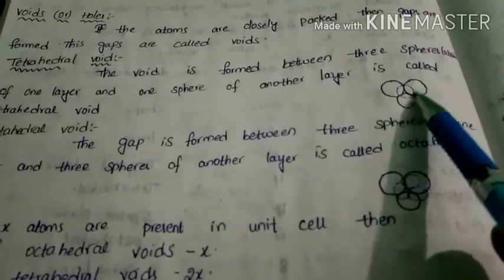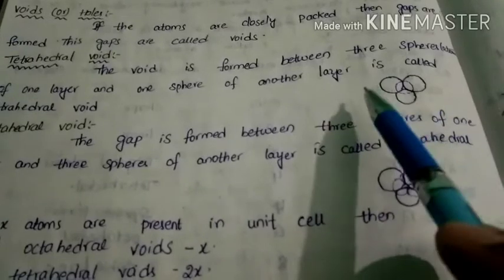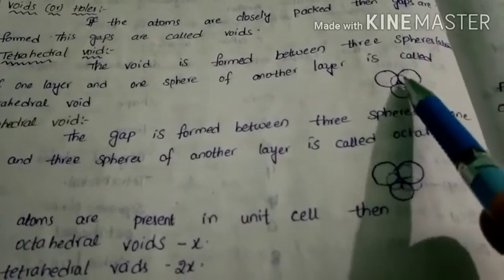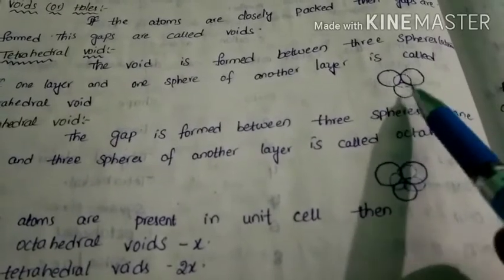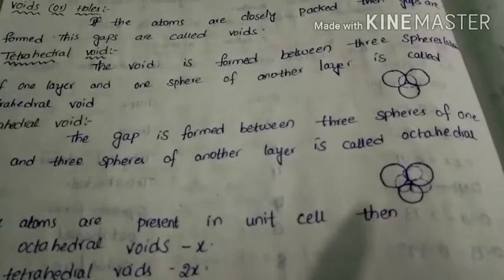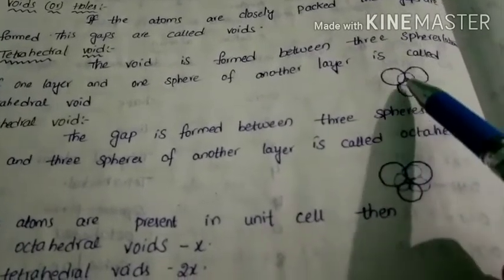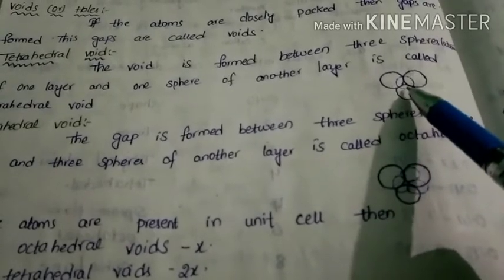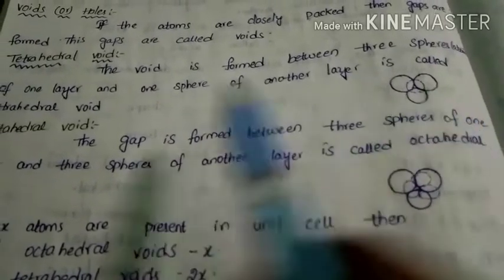these dark colored three spheres are present in the same layer. This light colored atom is present in a different layer. If you put that atom over the gap of these three spheres, then that void is called what?